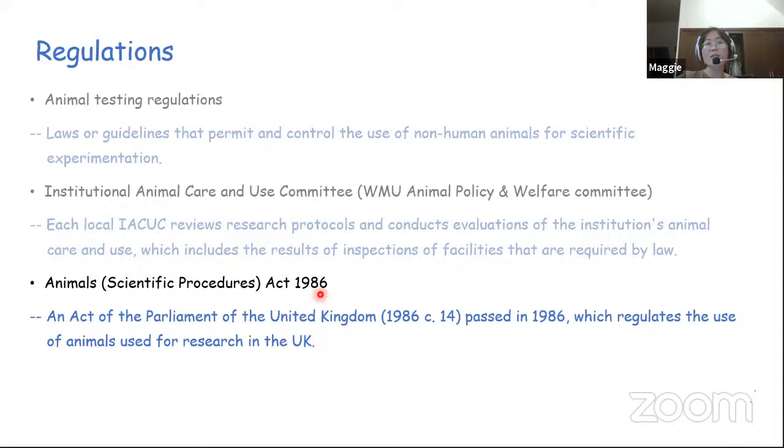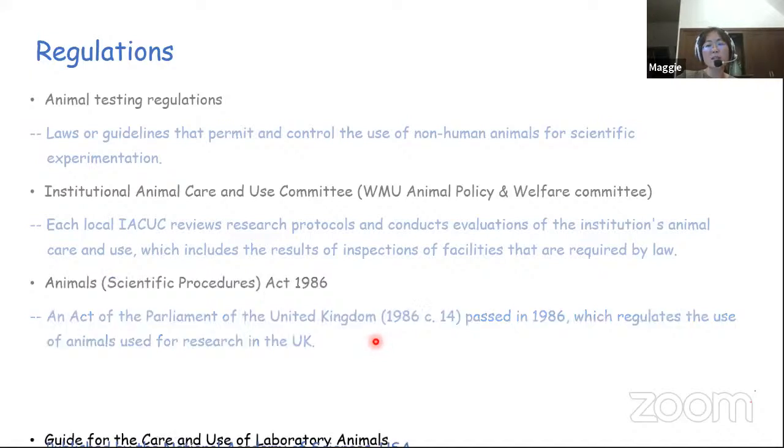Although it was a long time ago, this act has a long history, but is still in use. So when you publish a manuscript related to animal use in UK journals, make sure that all of the protocols follow this Animal Act 1986.